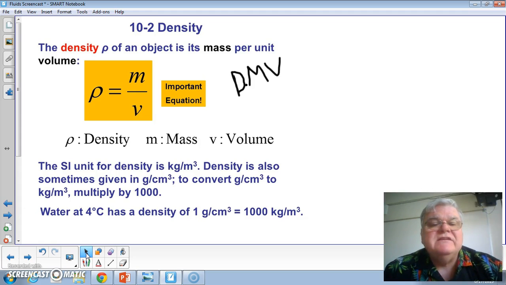Water at 4 degrees centigrade has a density of 1 gram per cubic centimeter, which is equal to 1,000 kilograms per cubic meter. If you can imagine a cubic meter of water, that weighs 1,000 kilograms. 1 kilogram is 2.2 pounds. So that's about a ton of water in an area just a little over 3 feet by 3 feet by 3 feet.